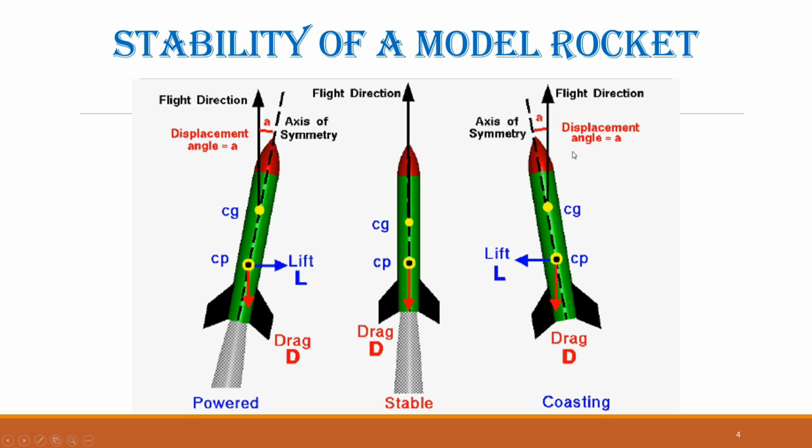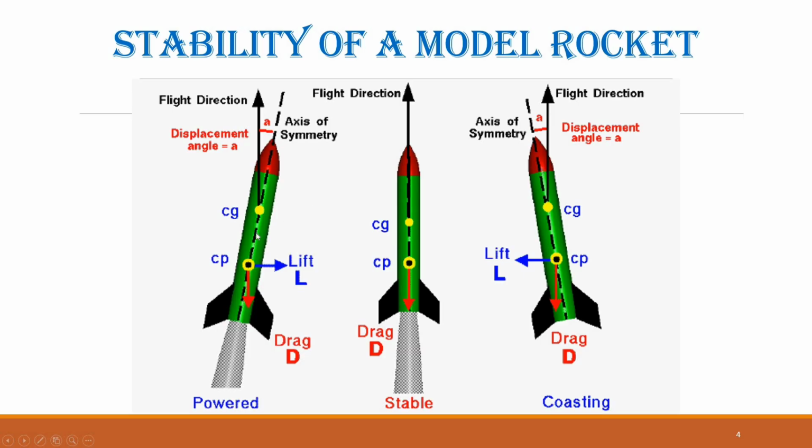Consider three cases where the rocket is intended to fly straight upward. In the center case, the rocket is undisturbed and its axis is aligned perfectly with the flight path. Here, the drag acts along the axis of the rocket and no lift is generated. On the left, a powered rocket has its nose slightly perturbed to the right.